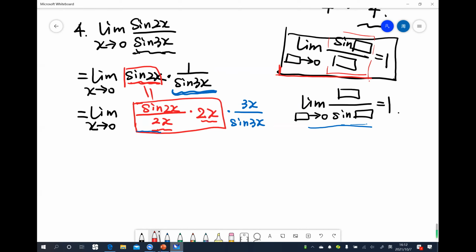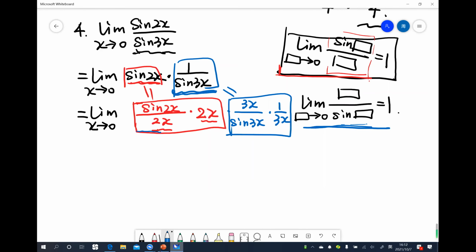Don't hurry, okay? So here, this is the first part. And the second part here, we want to use this formula. Similarly, we have 3x as new numerator, right? And then to make these two parts equivalent, the same, we have to times 1 by 3x.